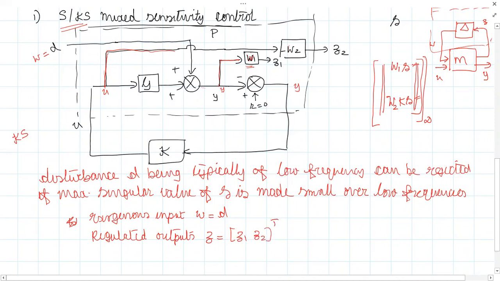What is Z1? W1 into Y, correct? Z1 is nothing but W1 into Y. And what is Z2? Minus W2 into U.